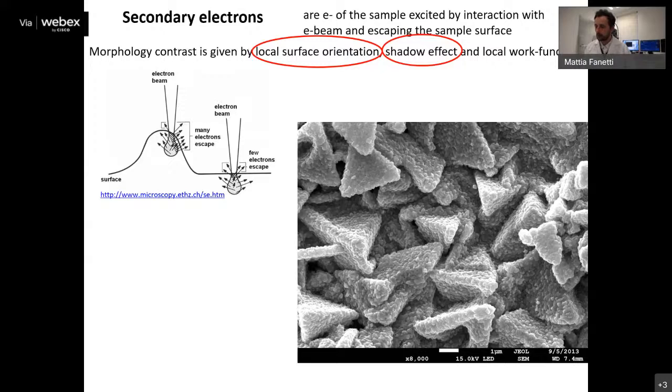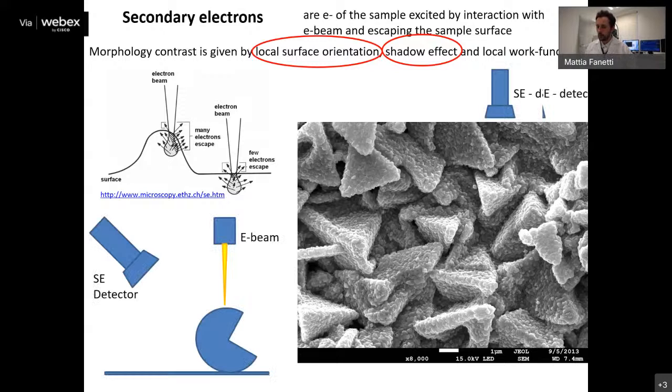Another important factor which is a source of contrast in the secondary electron image is the shadow effect. What does it mean? It means that in this case you have to consider where the secondary electron detector is in your system. For example, in this microscope, the secondary electron detector is in this position, at this side, let's say, of the image.